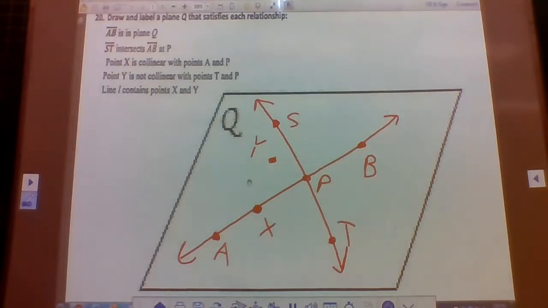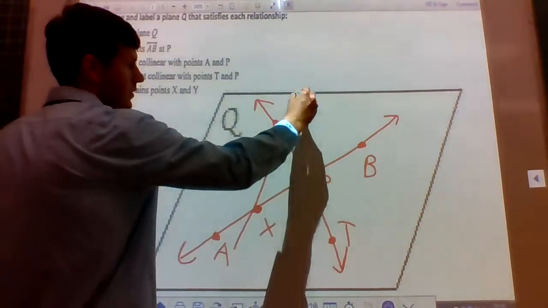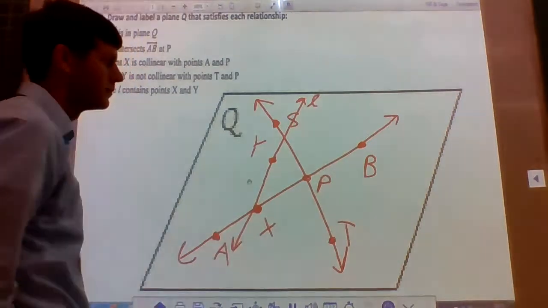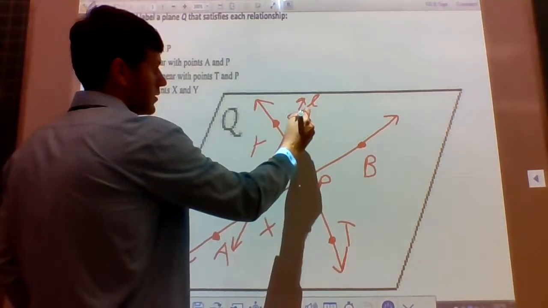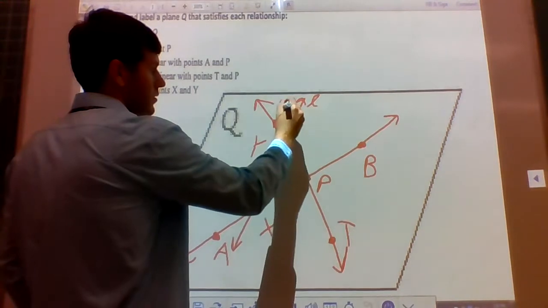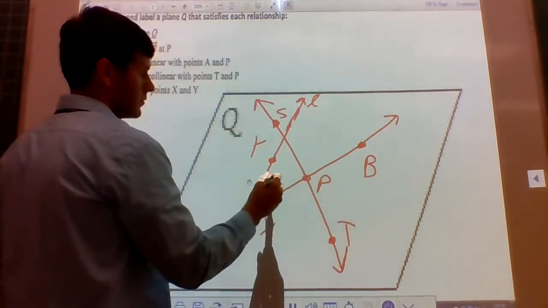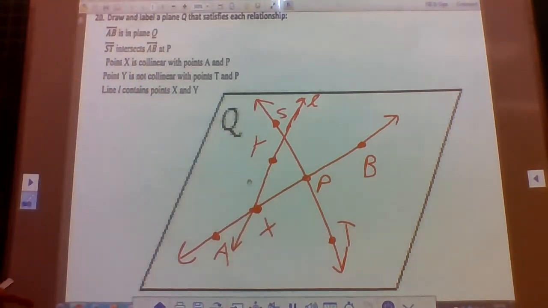And line L contains points X and Y. So then we can add a third line in here, and we can call it line L. So point S is right here, this is point X, and here's point Y. Okay, and that's it for that one.